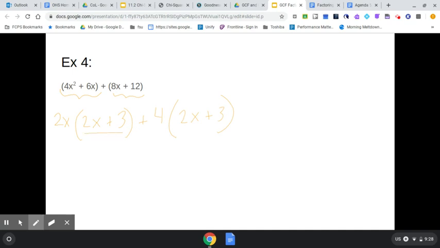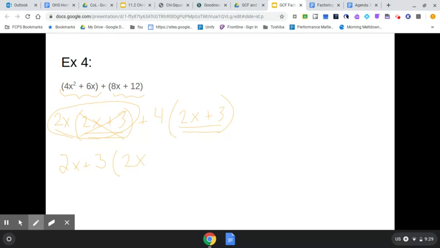Looking at those residual factors, on this one they match. So guys, when they match, we are going to factor out the matching residual. So our matching residual is 2x plus 3. If we factor that out of this first grouping, there's a 2x left over.